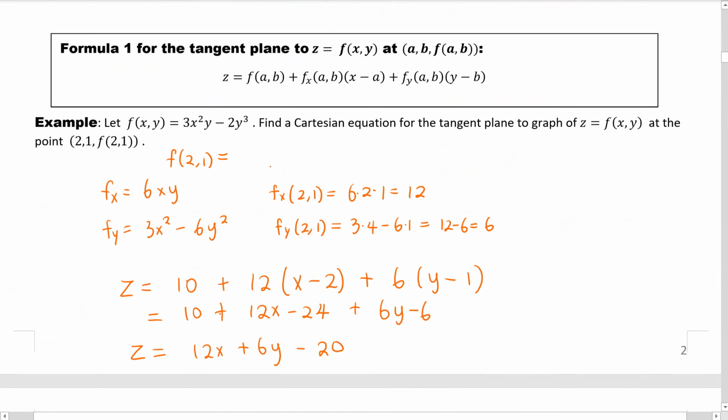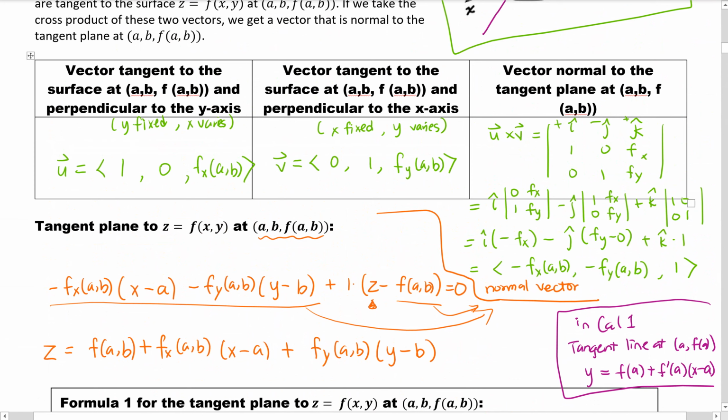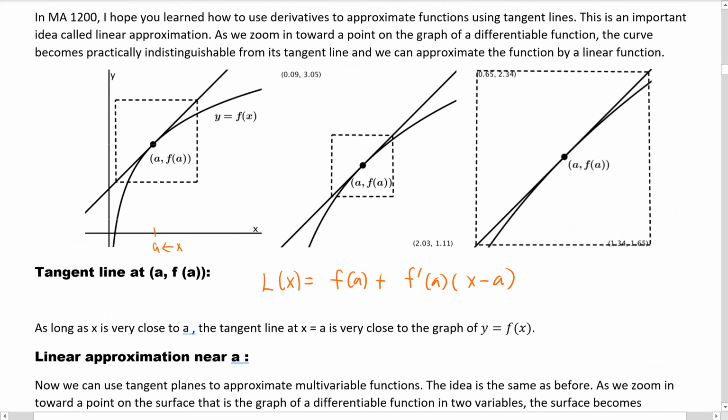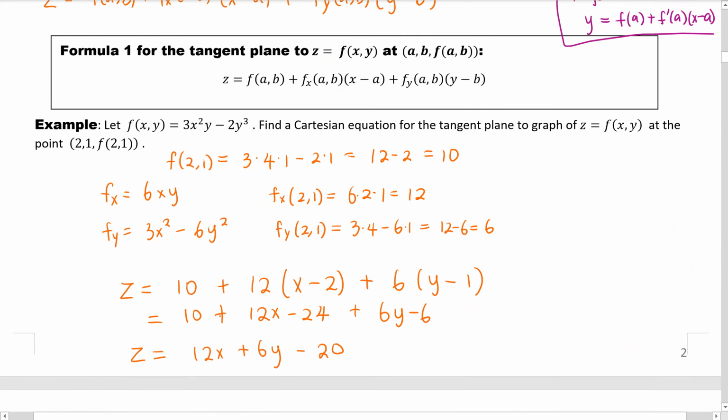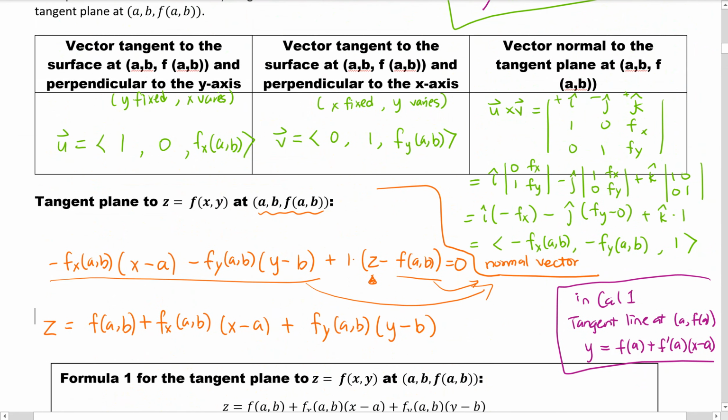See, this is the normal vector: minus partial f partial x, comma, minus partial f partial y, comma, 1. So that's the normal vector.